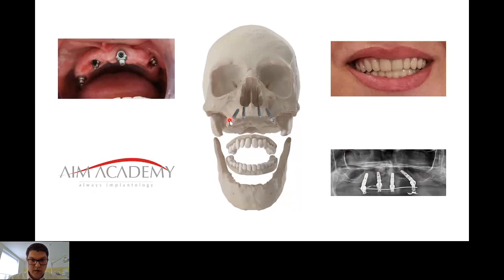As you can see, with the multi-unit concept, we use 2 straight implants in front and angulate the implants in the lateral part, in order, as you can see here, to avoid the maxillary sinus. Then we made a temporary reconstruction, and this is the final situation. As you can see, we have only premolars, but in this case it was suitable.